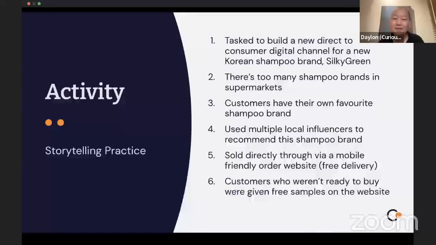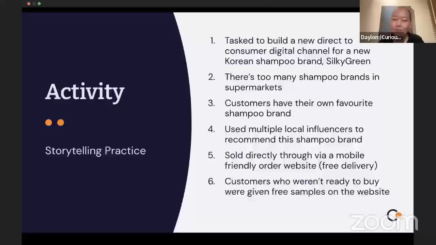Based on our research, after interviewing customers, we see that they have their own favorite shampoo brand. So instead of having all these shampoos just on the shelf, why not have local influencers recommend this brand?